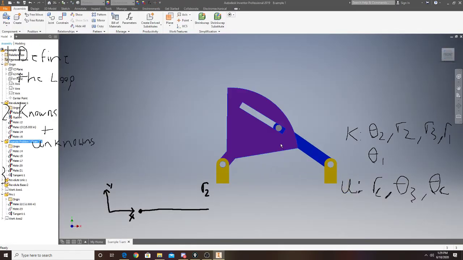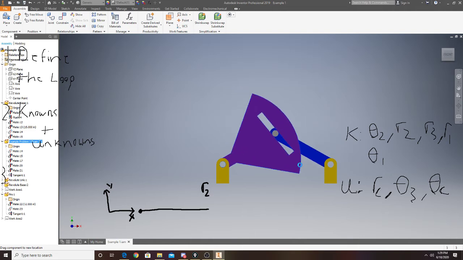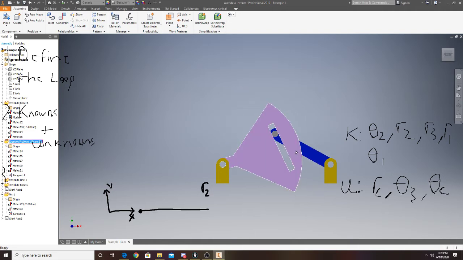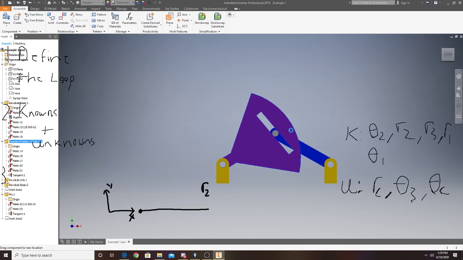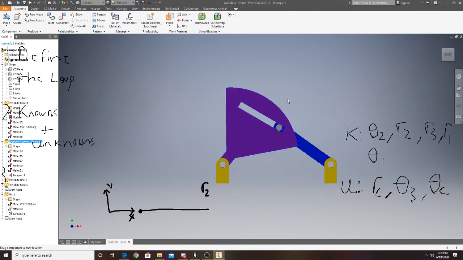So right here. Now obviously I didn't do a very good job making this, but essentially you can see that this angle is right here, right? So this right here, remember, is theta C, right?